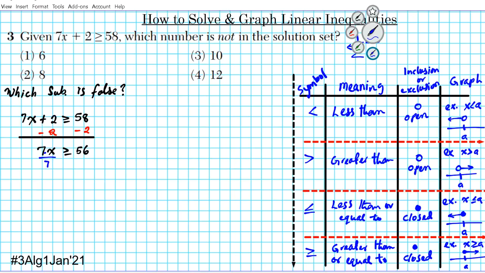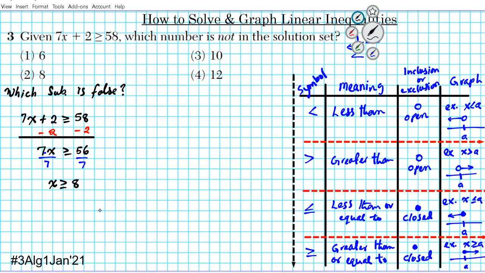We divide both sides by 7, and we have x ≥ 8. If we had divided by a negative, we would switch the inequality symbol, but we divided by a positive number, so there's no switch here.